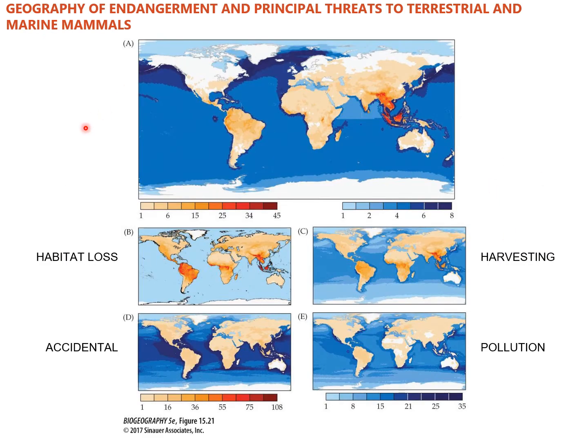If we look at the geography of endangerment and principal threats to terrestrial and marine species globally, we can see that there are some hotspots. Basically in terrestrial areas in the South Pacific here, we can see some high levels of endangerment.